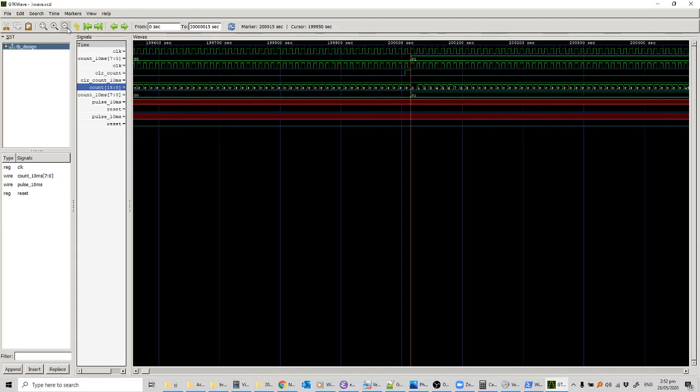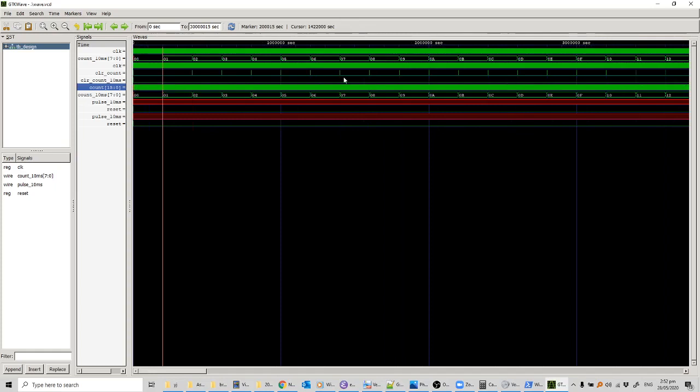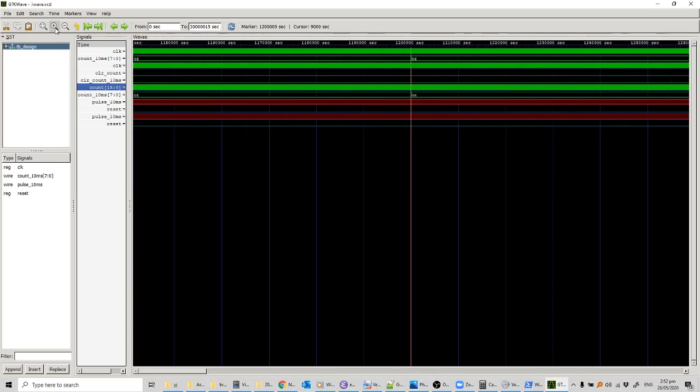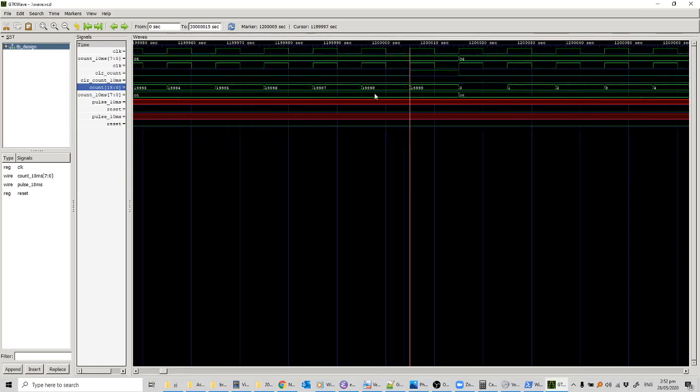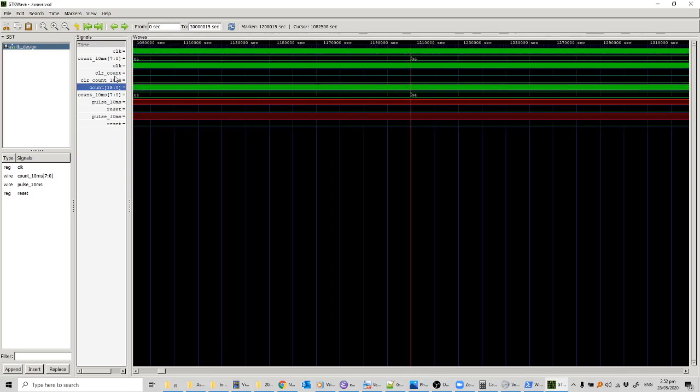If I zoom in on any transition, you'll see that it goes to 19,999 and it resets to 0. And on every such transition, I should get this pulse 10 milliseconds.